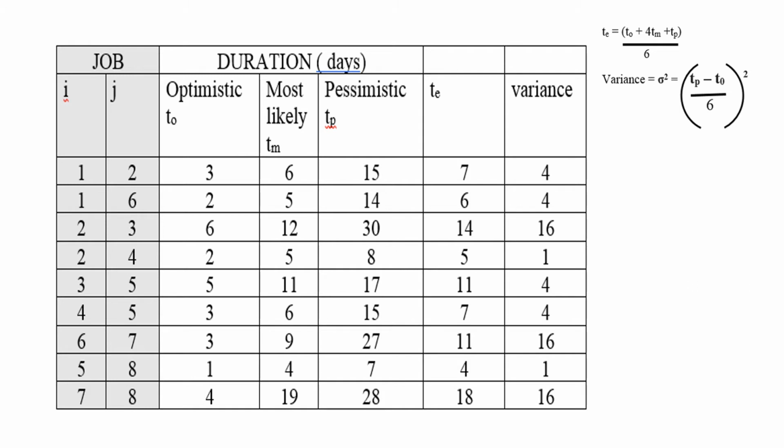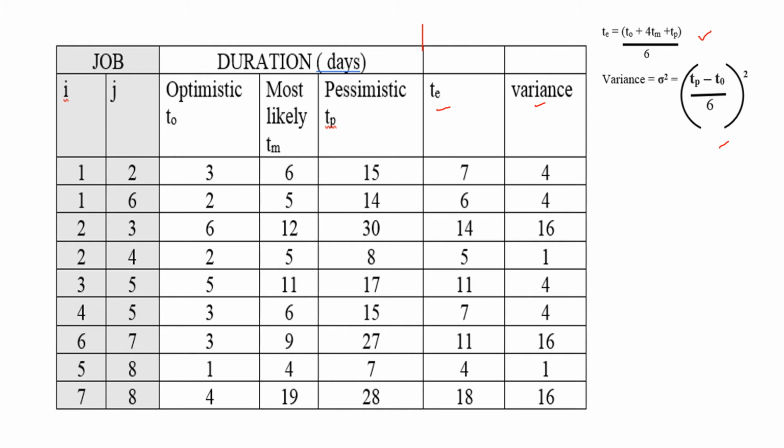This is a table. Up to here we were having in the question I, J, optimistic, most likely, and pessimistic time, and from these values you have to find the expected time and variance. We know the formula TE is equal to TO plus 4TM plus TP divided by 6, and variance sigma square is equal to TP minus TO by 6 the whole square.